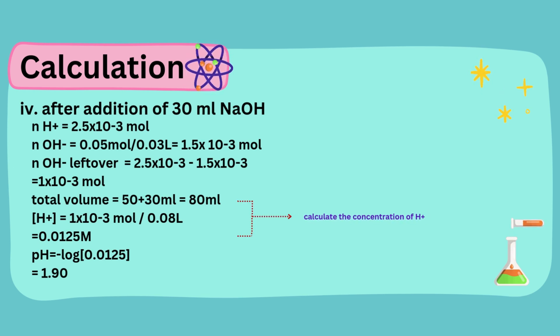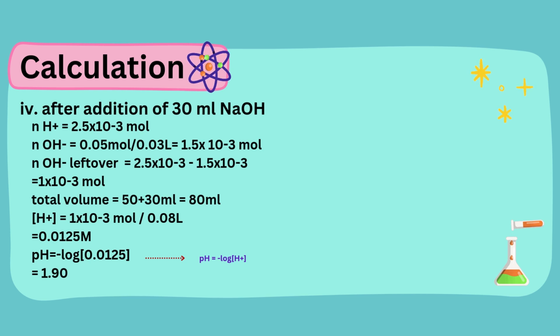Now we need to calculate the concentration of H+. Total volume is now 50 milliliters plus 30 milliliters equal to 80 milliliters. The concentration of H+ equal to 1 times 10 to the power of -3 moles over 0.08 L equal to 0.0125 M. Now to determine the pH value, we are using the same method as previously, which is pH equals -log 0.0125 equals 1.90.